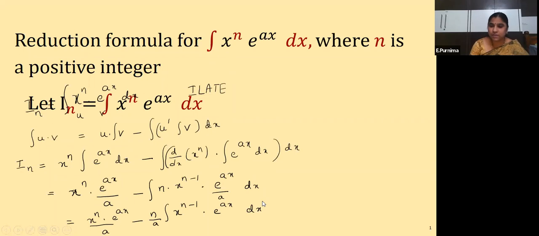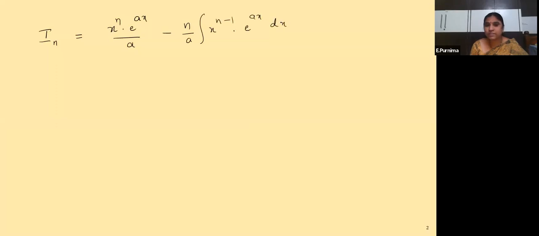So let us write that step again here. In is equal to x to the power of n into e to the power of ax by a, minus n by a, which is a constant that has come out, into integral x to the power of n minus 1 into e to the power of ax dx. This was our step.